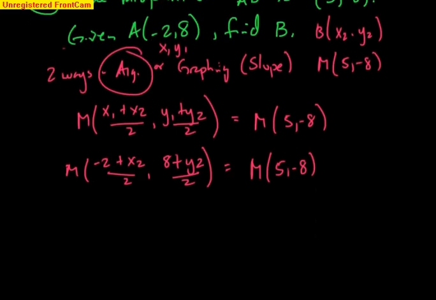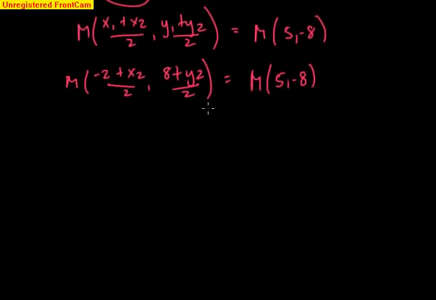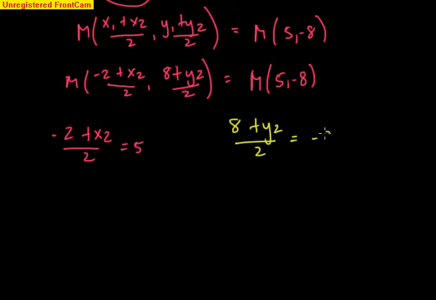Let me slide this down so I have more room. And now we take this and set it equal to 5. Negative 2 plus x2 over 2 equals 5. And the other one I'll do in a different color. We'll do yellow. And then we do 8 plus y2 over 2 equals negative 8. Okay, so the x goes with the x, the y goes with the y. And we solve.